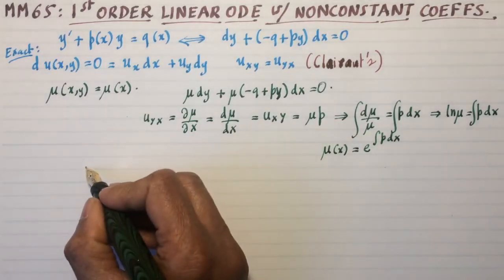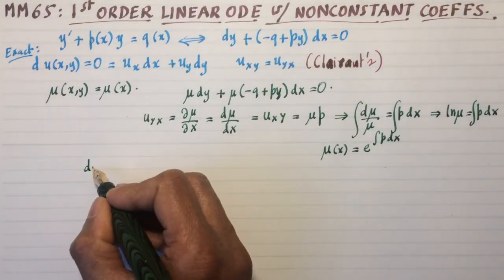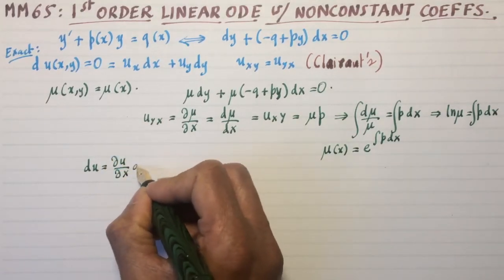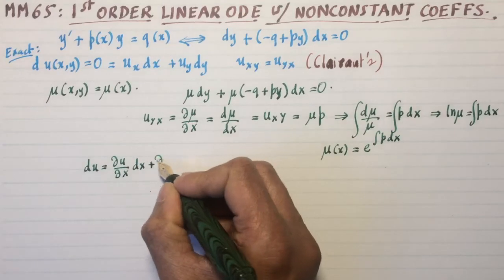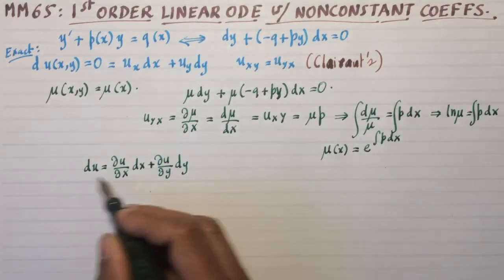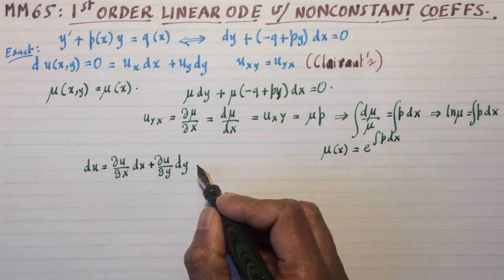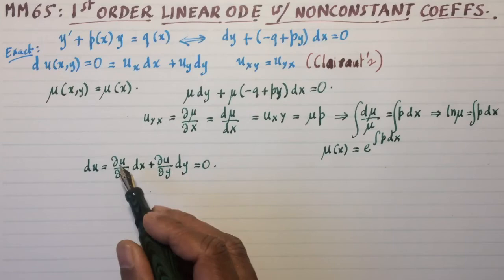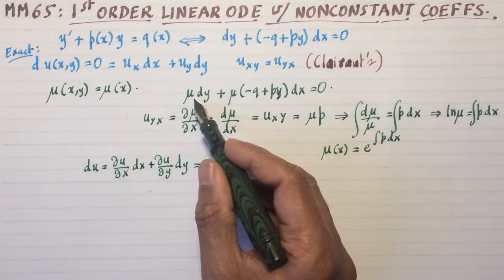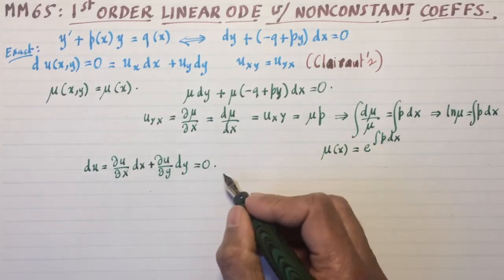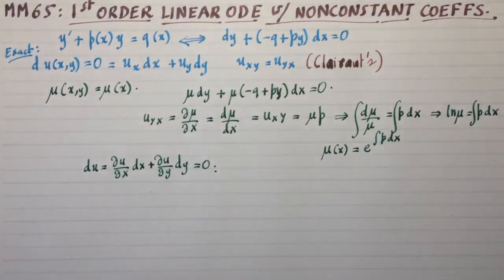So now let's write down what the du is. Du is del u by del x dx plus del u by del y dy, and if it's equal to 0, then it's exact differential. So let us try to identify the du by dx and du by dy. So I have two possibilities.